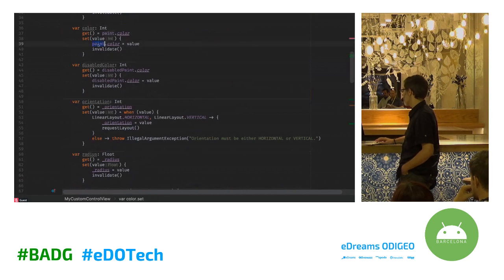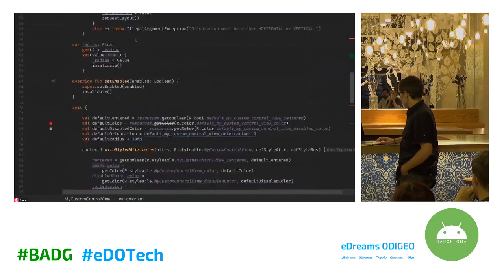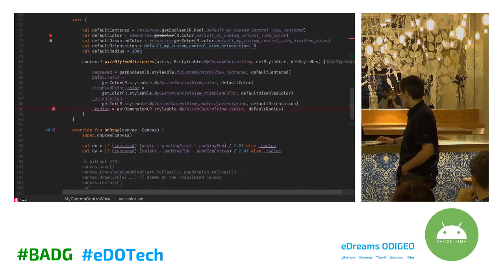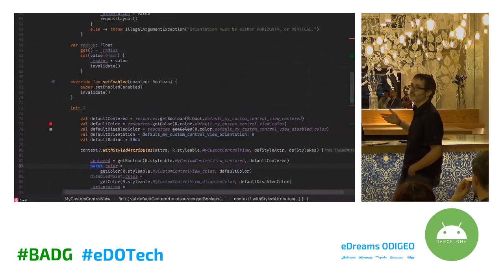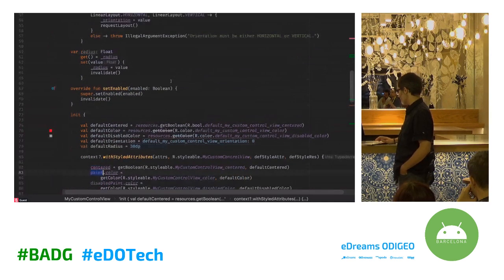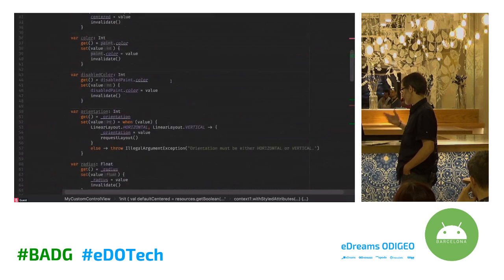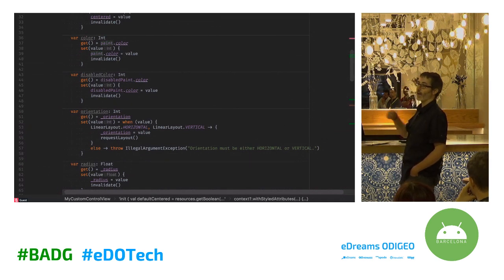So I set paint.color to the value I want to use. Same here. When I initialize my control from attributes, so from the layout, I set paint.color from the attribute. So with this, I'm setting the values I want to use. In this case, I set the color and then invalidate to trigger a redraw.